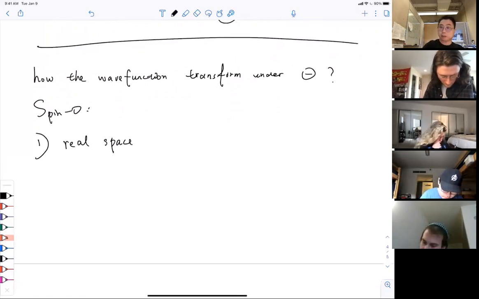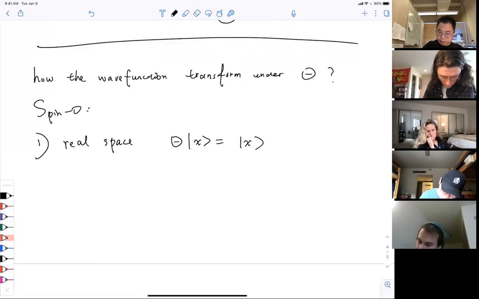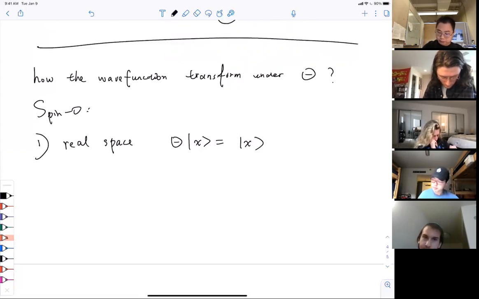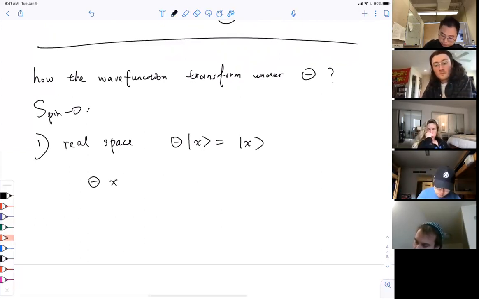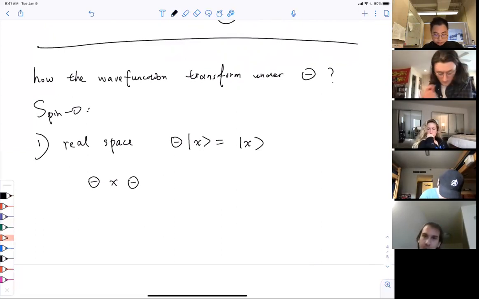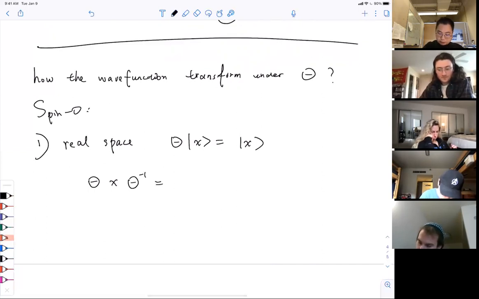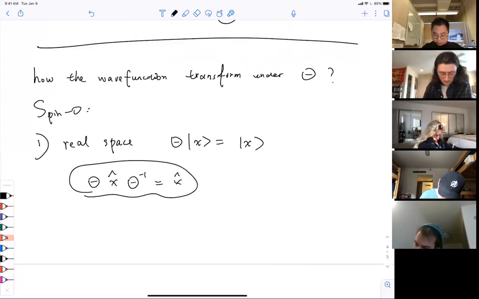In real space, one statement you need to know is that time reversal acting on the ket x gives itself, basically acting on x trivially. Classically, with time reversal, the position will remain the same, and we want to preserve this good property at the quantum level.